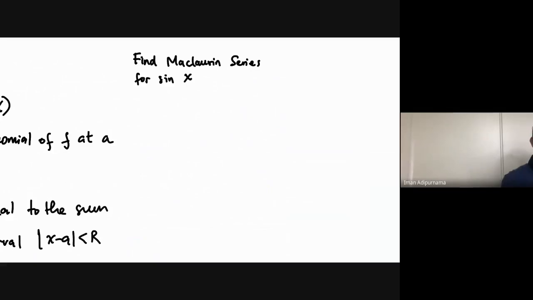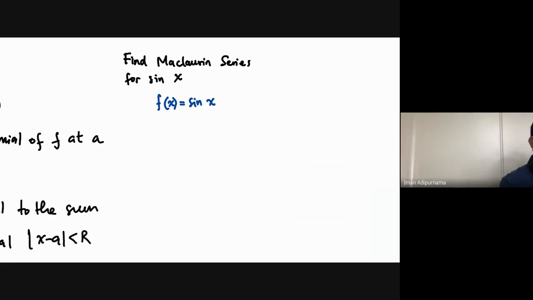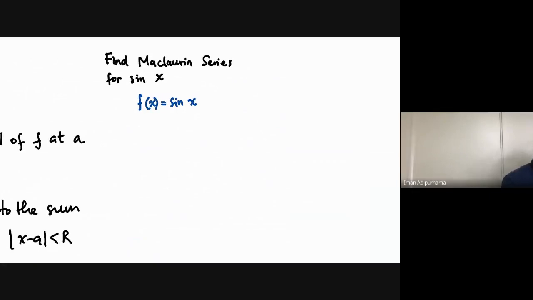We can start by writing all the possibilities for sine x to be derived. First, the original function is sine x, and for Maclaurin, we are inputting 0 to our function, and we evaluate, and then the same thing, we differentiate, and it becomes cos.